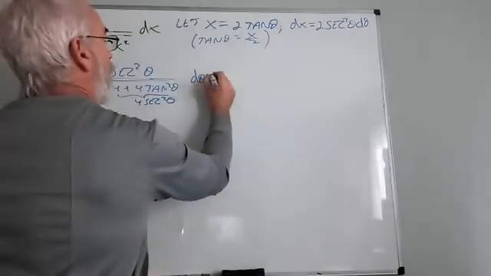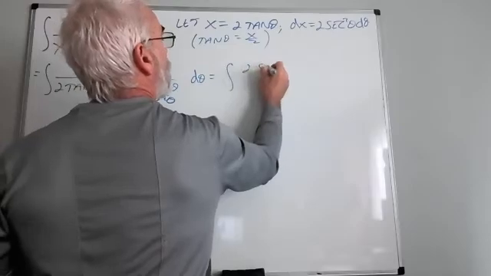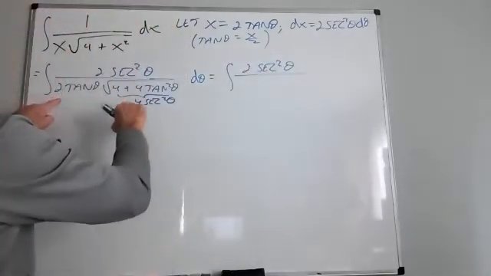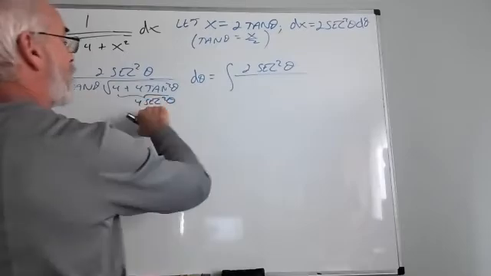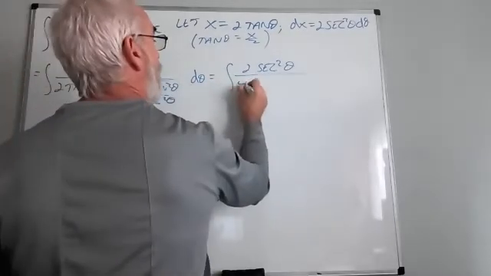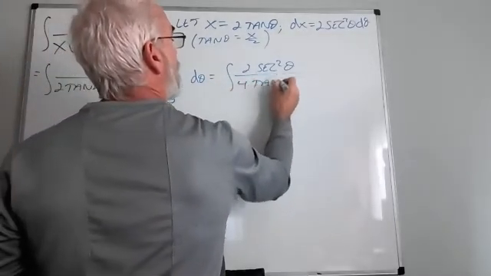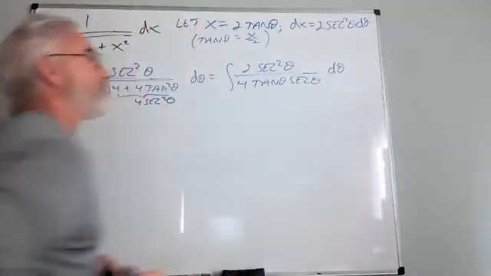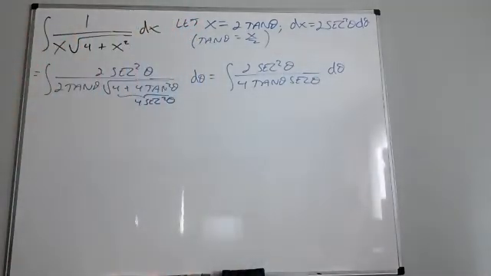Okay, so this is going to become 2 secant squared theta on top, 2 tan theta, and then the square root of this would be 2 secant theta. So that would be 4 tan theta, secant theta, d theta. Okay, my constants cancel nicely. And so I'm going to have a 1/2 in front.